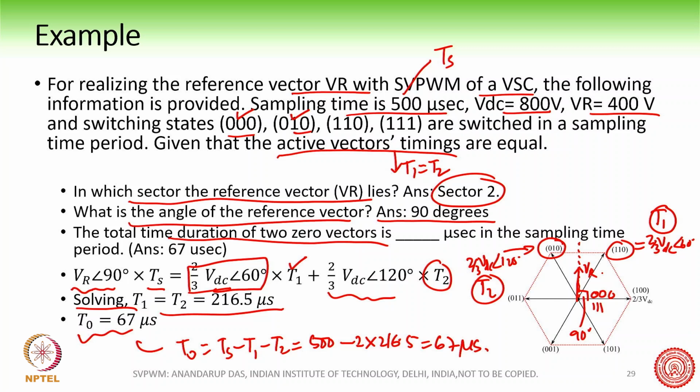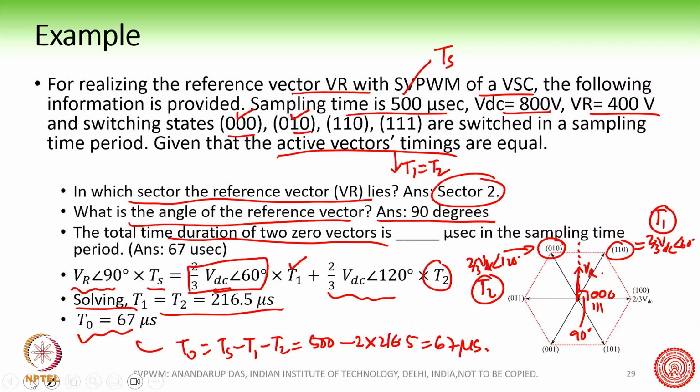This is how the three timings, T1, T2 and T0, are found, which are used for switching the vectors 0 0 0, 0 1 0 and 1 1 0, as well as 1 1 1.